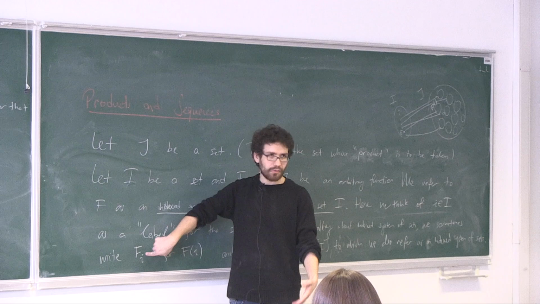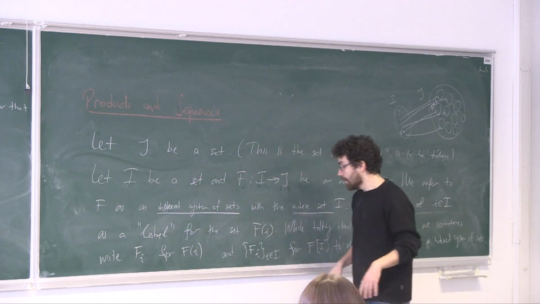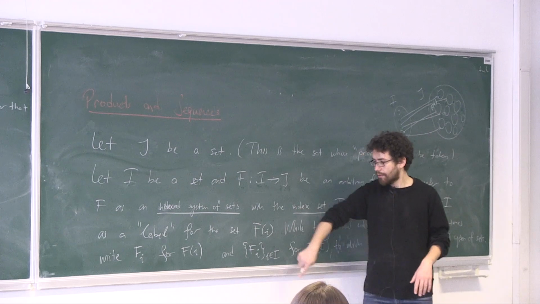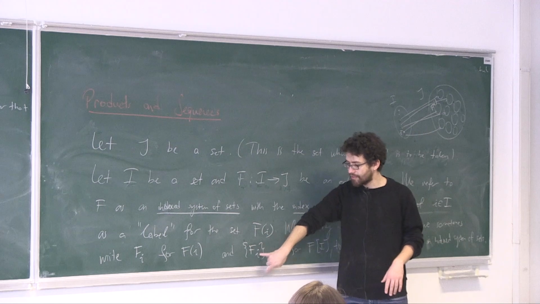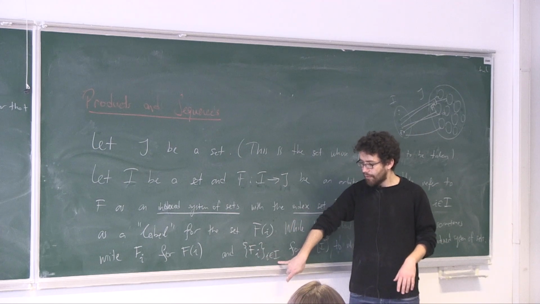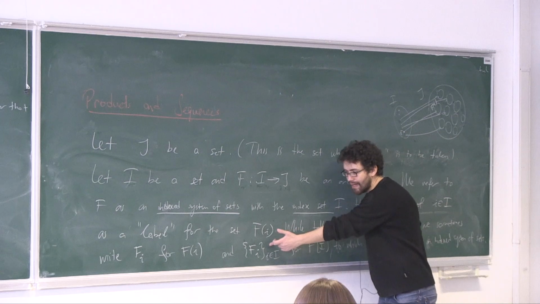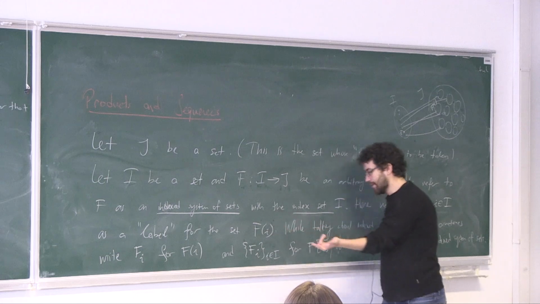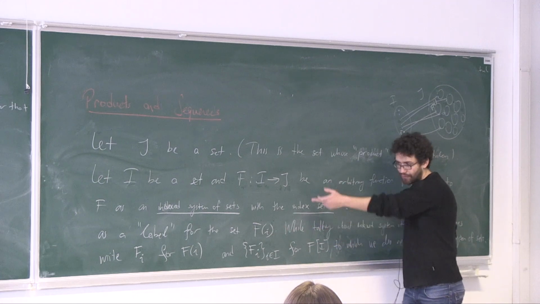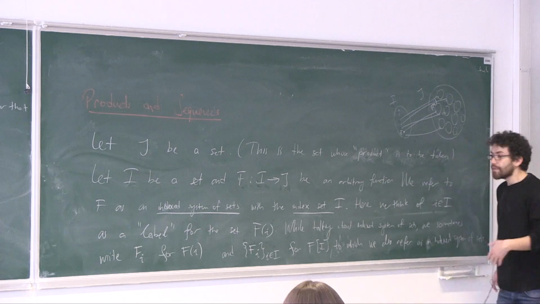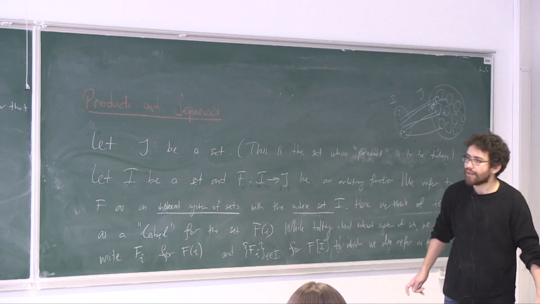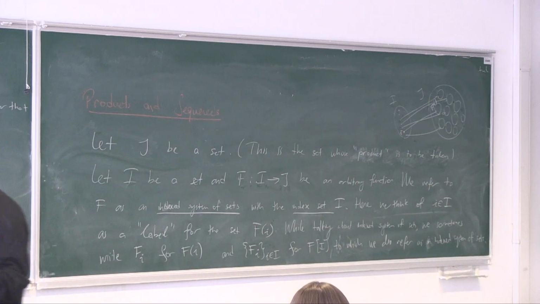This is the notation people use for index system of sets, and they also use this notation: curly brackets f sub i, i in I. When they write this, they mean the set of all f of i, namely the range of this function, the image. Sometimes people also refer to this, just the image, as an index system of sets. So how are we going to define products?